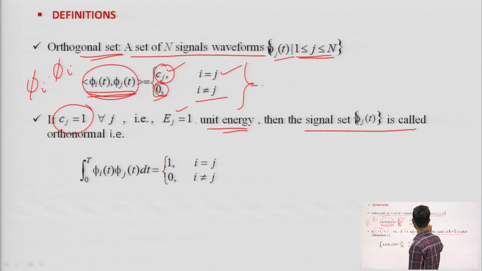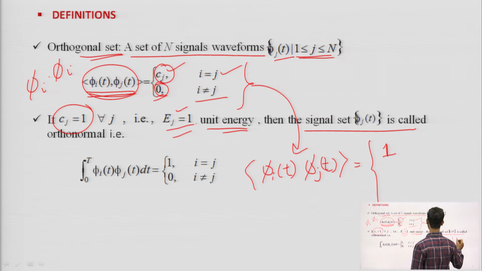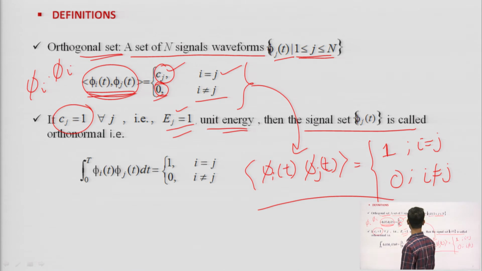I can simply write, if the inner product of phi i t and phi j t equals 1, instead of some constant Cj, that is unit energy, when i equals j and 0 when i is not equal to j, then in that case we can say that the signal set phi j t is orthonormal.